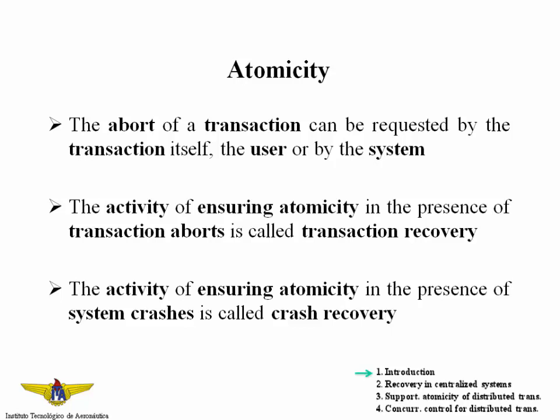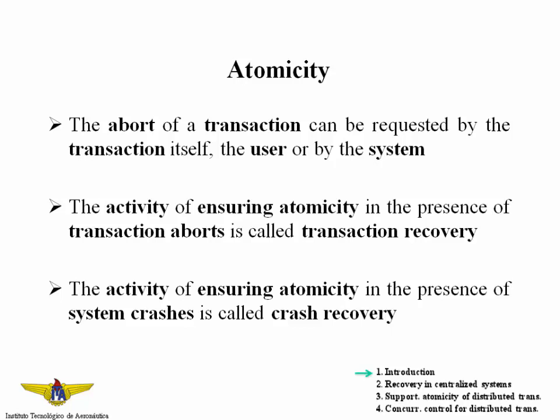Abortion of transactions can be requested by the transaction itself, by the agent that is managing the transaction, the user, or the system. For instance, you can have some temporary unavailability of resources, such as the database not being available for a while because it's undergoing maintenance.